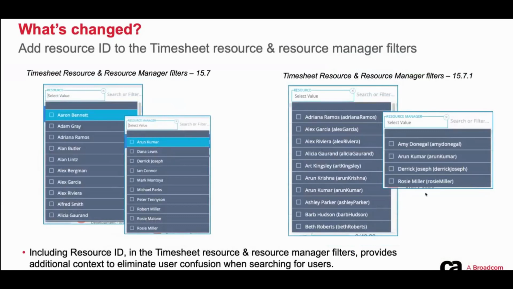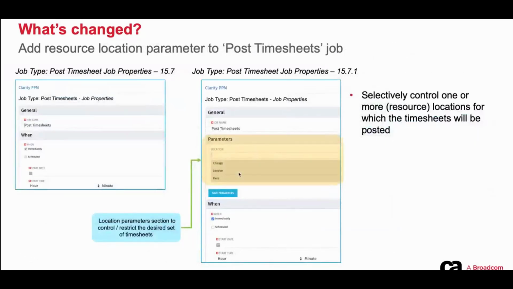In 15.7.1 is on the right-hand side, so we're bringing in that resource ID in those 2 filters, which provides that additional context to eliminate user confusion when searching for users. We've been doing this iteratively throughout other areas of the product to include the resource ID. There are a number of places where this is still required, but at least we're making that change here in Timesheets.